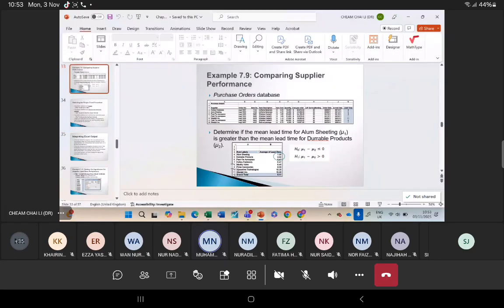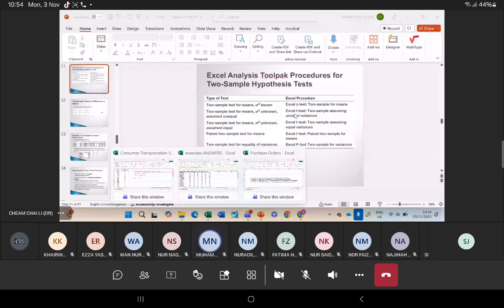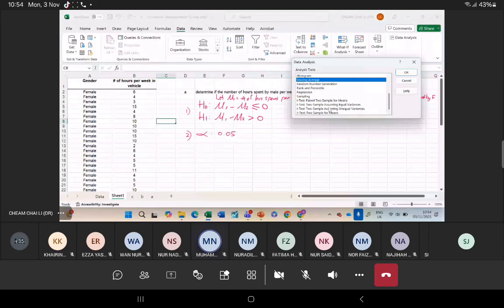So you have this, these are the tests that you need to use, right? But depending on the type of data. Tapi untuk our case, yeah. So you'll be using the t-test two sample assuming unequal variances. Okay, so maksudnya you scroll to the bottom and then you look at this is t-test paired two sample for mean.